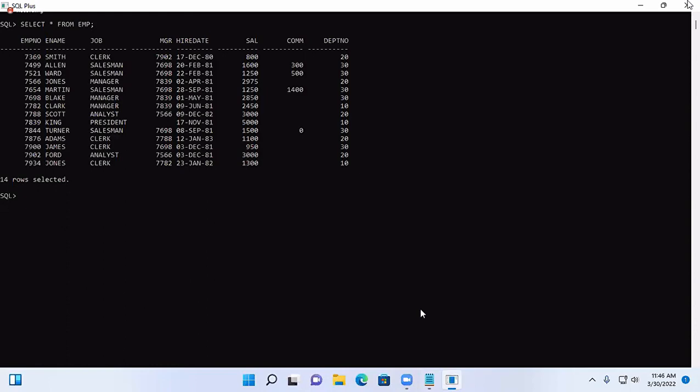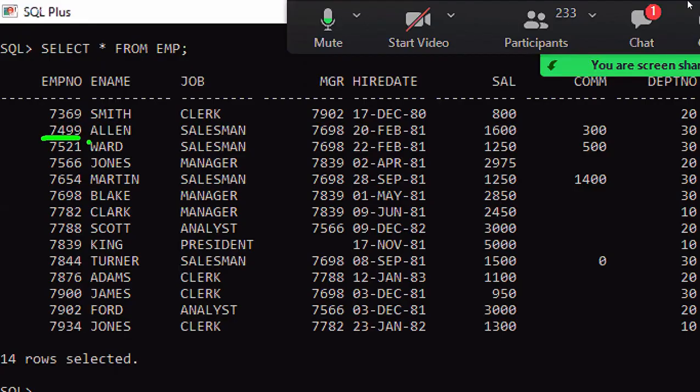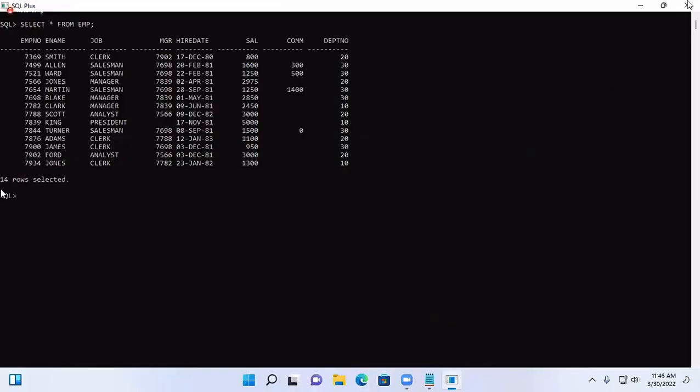Now you can see the next one, number 74999, Allen. His salary was 1600 and commission is 3000. As per my table information, I'm writing my query.